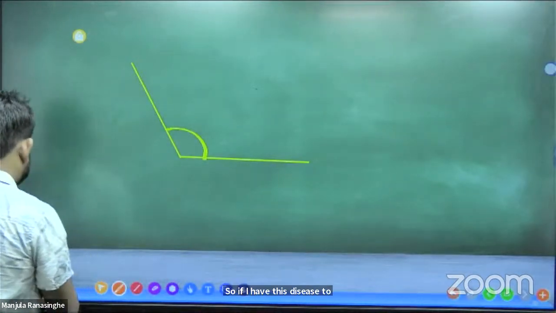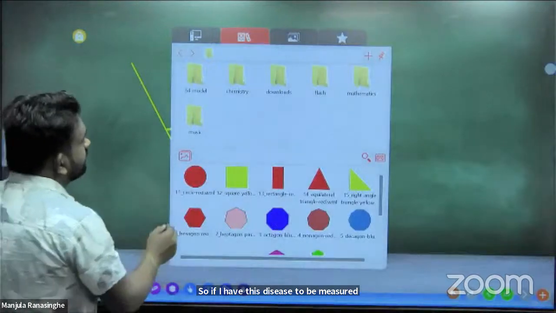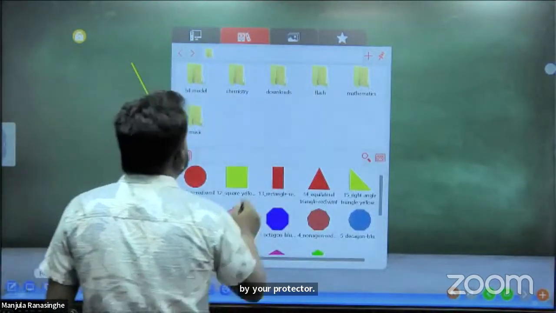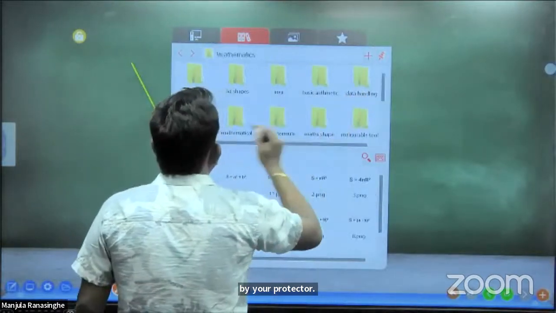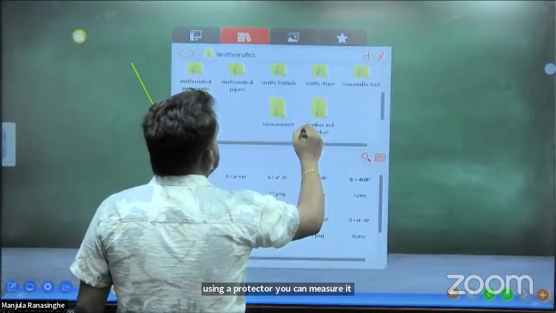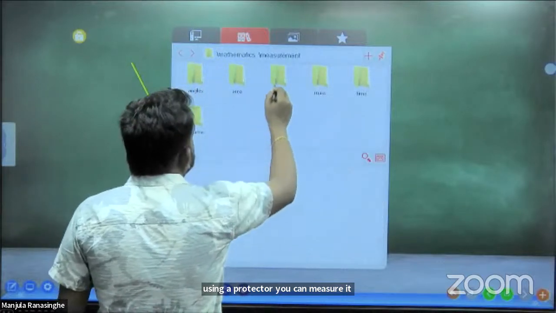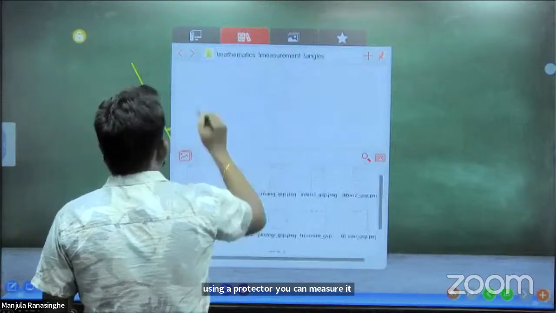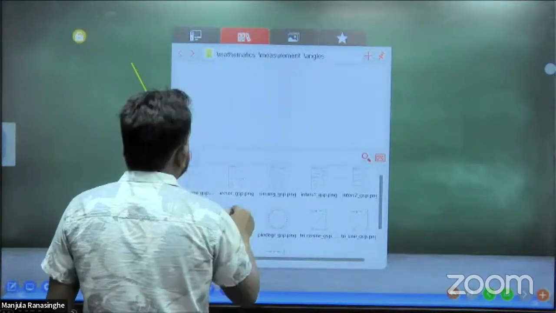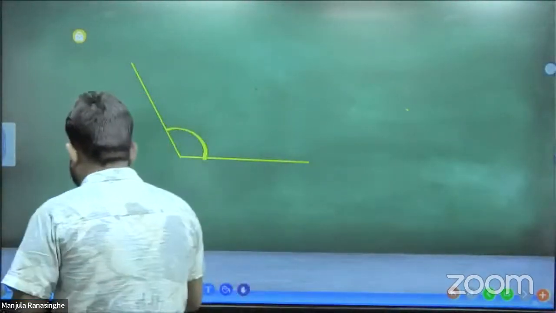So how to measure this one? Using a protractor, you can measure it.